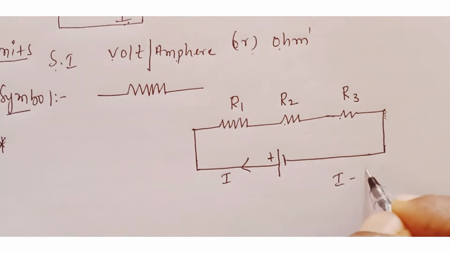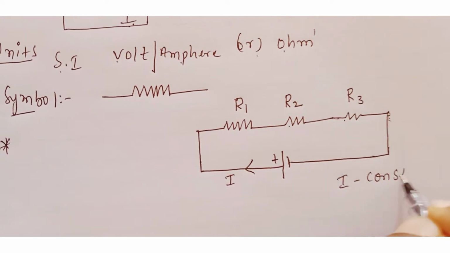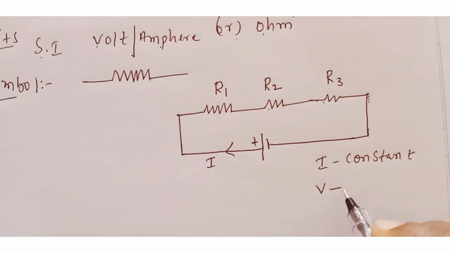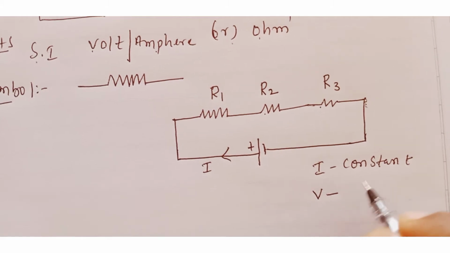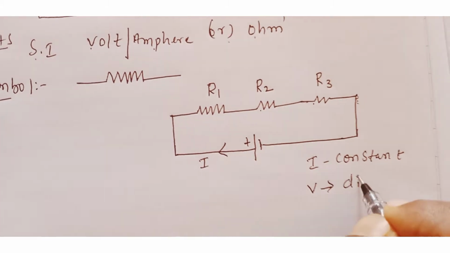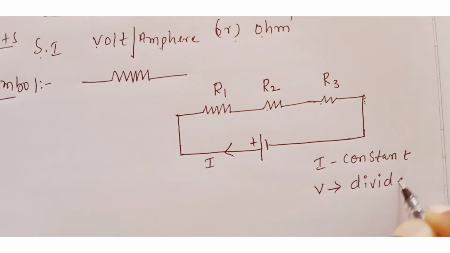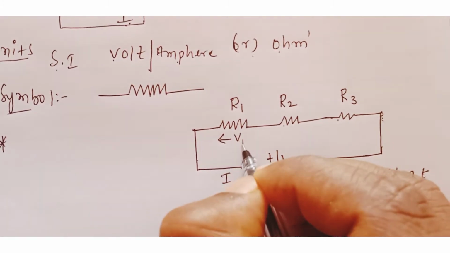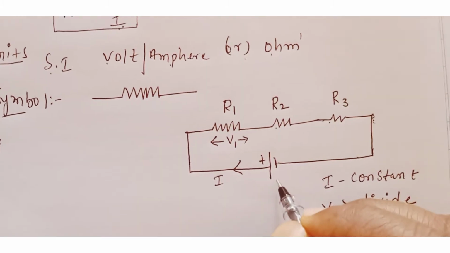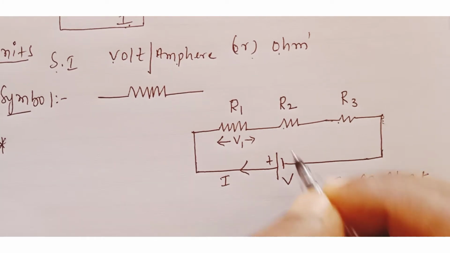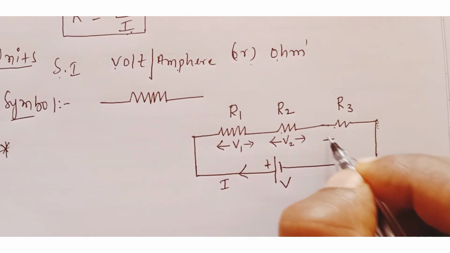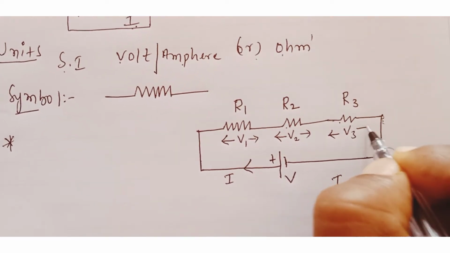But the potential difference is divided across each resistor. Now across the first resistor is V1 potential. The total potential of the battery is V. Across the second resistor is V2 and the third resistor is V3.